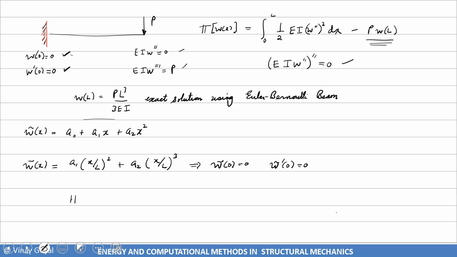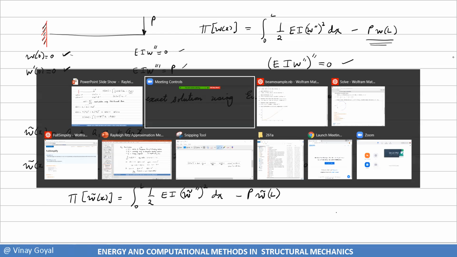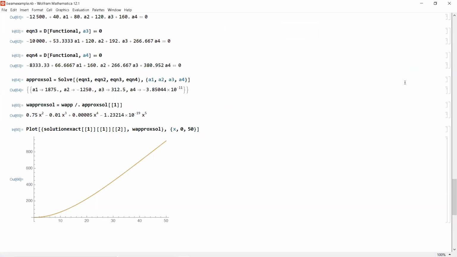So pi of W tilde of x equals the integral from 0 to L of 1 half EI W tilde double prime squared dx minus P W tilde at L. So why don't we use Mathematica really quickly and just do it there, so we're not doing it by hand, because it's not necessary.